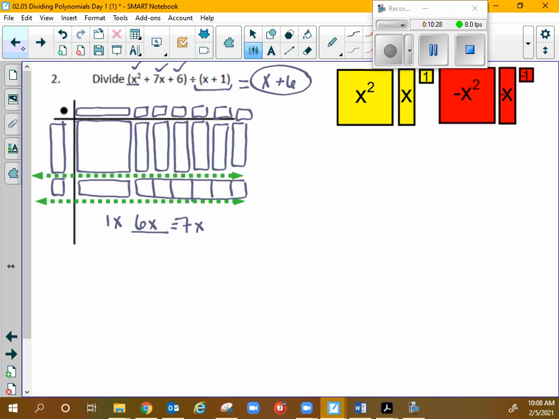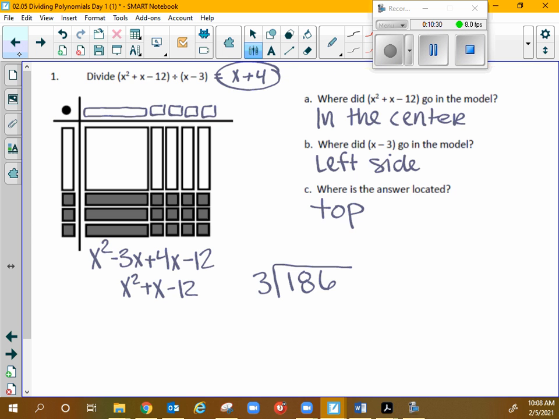I have exactly x squared plus 7x plus 6. Do I have exactly x squared plus x minus 12? No, I have x squared minus 3x plus 4x minus 12. So what's the difference? It's simplified. Hey, this one had to be simplified. There were 0 pairs in there that were created.